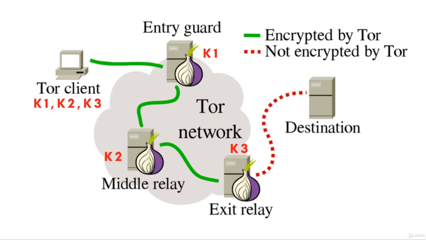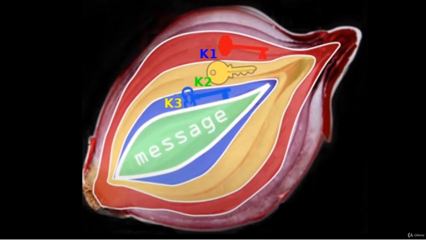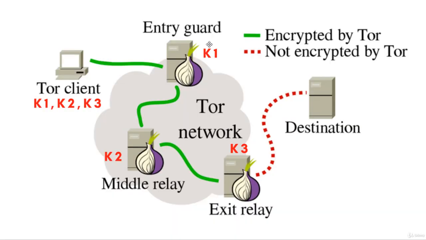When the message leaves the Tor client, it has been encrypted 3 times. The outer layer being encrypted with K1, and that means that the first relay, the guard relay, can unlock the first layer of encryption because it has the key. The guard relay has the key named K1.